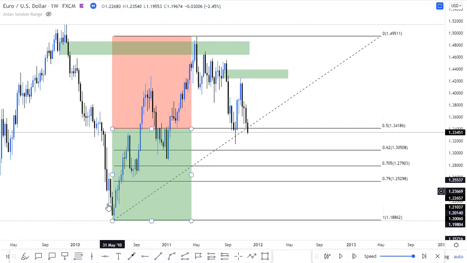Another thing is, if you look from this low to this high to this particular level where price came into this bearish order block, we had this nice market structure, and we had price create this high, respecting this level, broke the high, and then retraced into this level precisely.